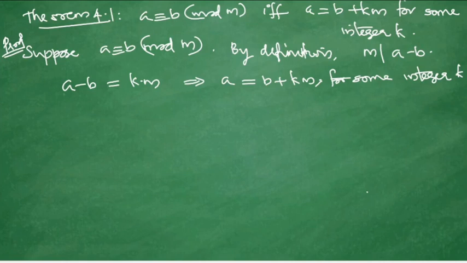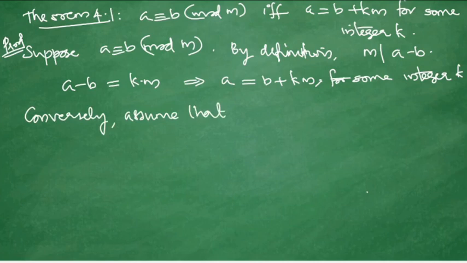Now conversely, assume that a is equal to b plus km for some integer k.